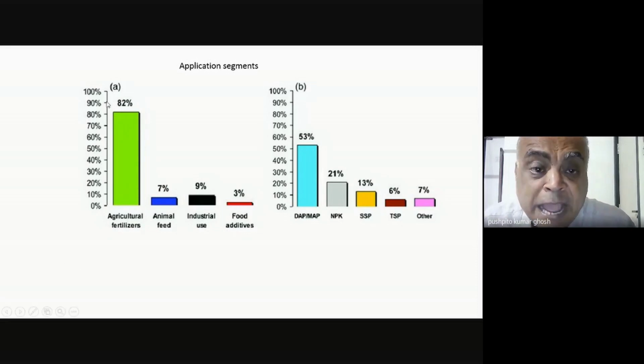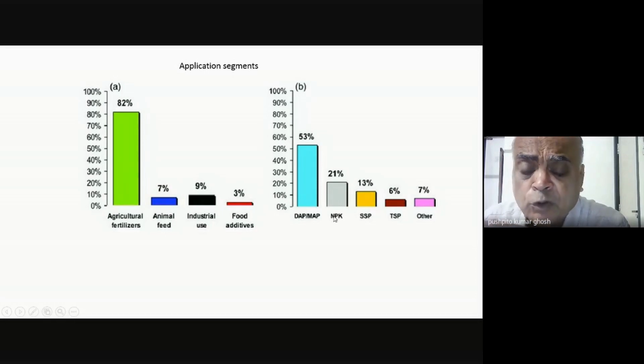In the fertilizer area, there are different types of phosphorus-based fertilizers. The largest is diammonium phosphate and monoammonium phosphate. We will discuss them. And then there's single superphosphate, which is another important fertilizer, quite popular in India. And today people are making more complex fertilizers.